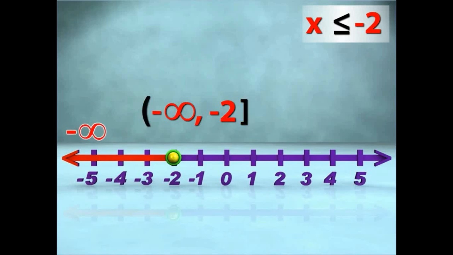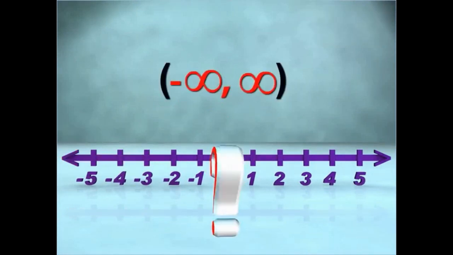The negative infinity symbol denotes that the interval is unbounded below. Can you tell what an interval unbounded from both above and below represents? Well, such an interval represents a set of all real numbers.